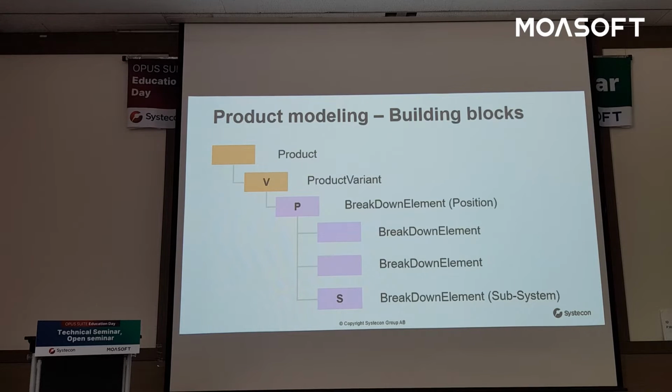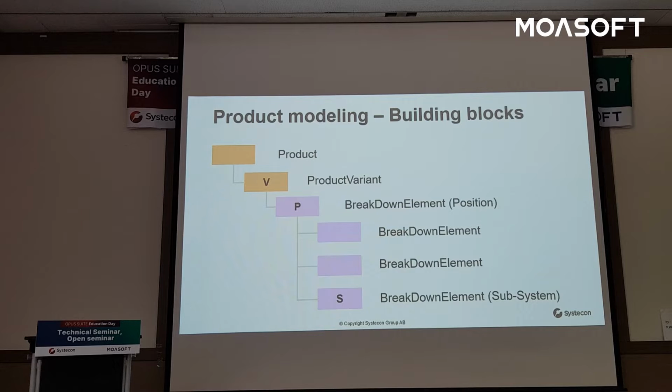And then each such variant is defined through a structure of breakdown elements. A breakdown element is, like I mentioned, a similar thing if you have been working with LSA or databases. Often it's called logistic control numbers or something similar. So these are the principal positions from a maintenance perspective.